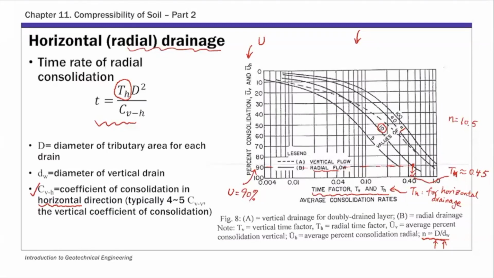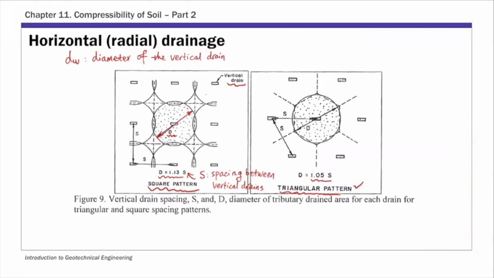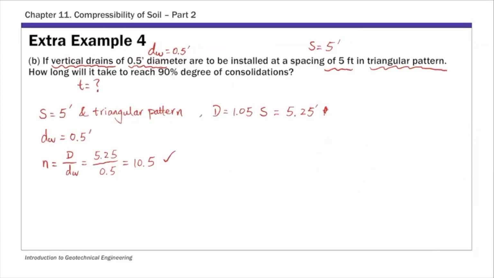So that gives you T sub H. So that's time factor for radial drainage, 0.45. So this is from that figure in the previous slide.